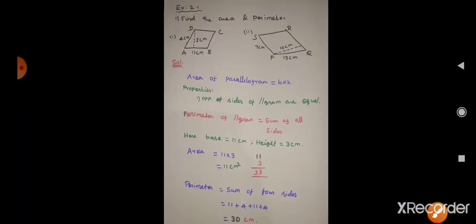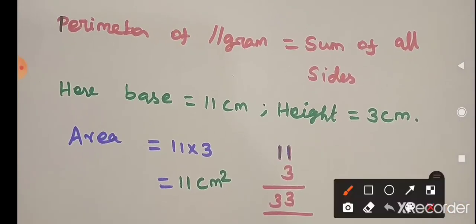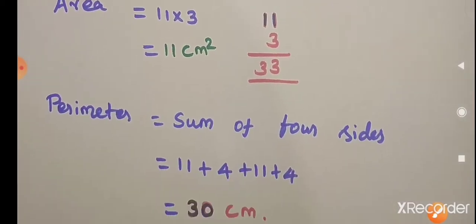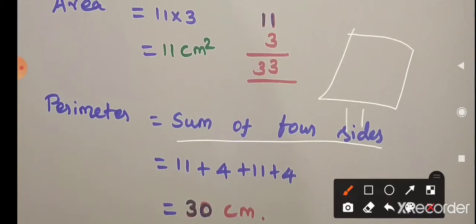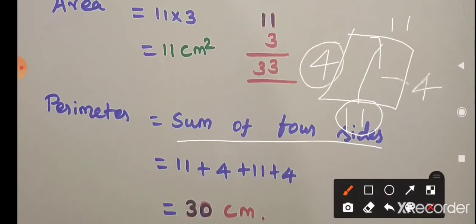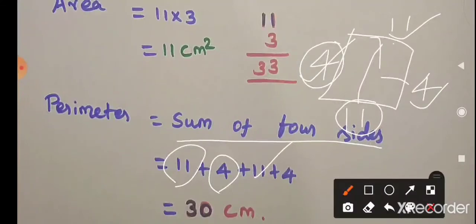Now we have to see the perimeter, the sum of 4 sides. Here 11, here 4. Opposite sides are equal, so here 11 means there also 11, and 4 means 4.